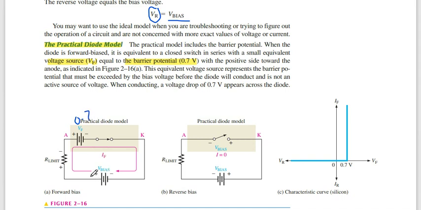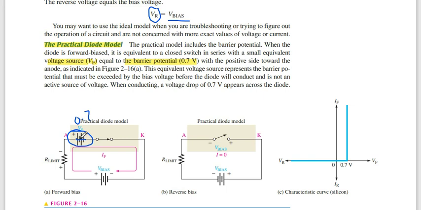As we apply a voltage to the diode, the source voltage must reach 0.7. When we reach 0.7, then current can pass through the circuit; otherwise, it does not pass.